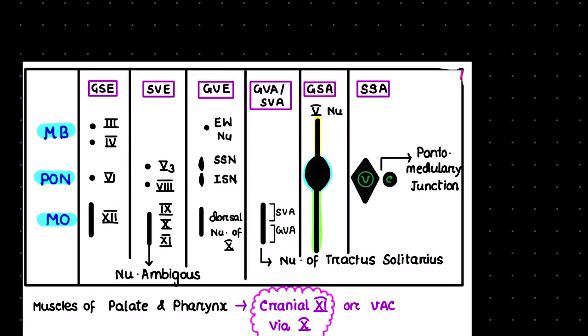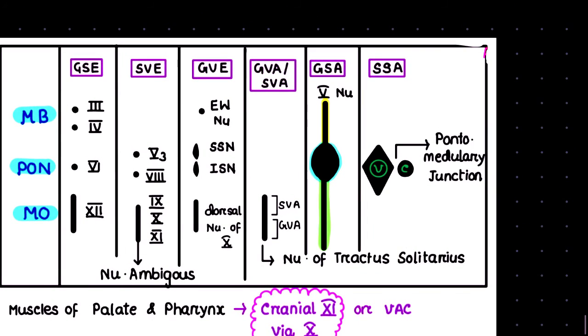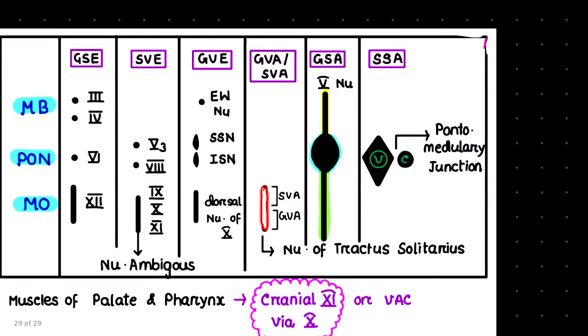Now here GVA and SVA contain only a single nucleus. Since it consists of only a single nucleus, it is also called the nucleus of tractus solitarius.